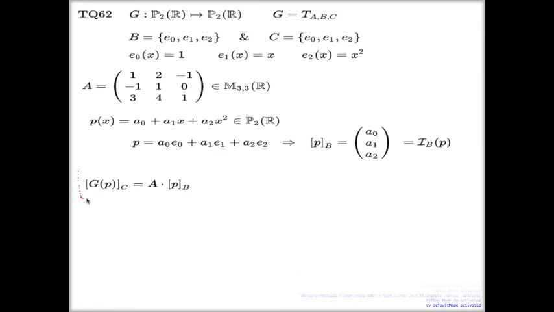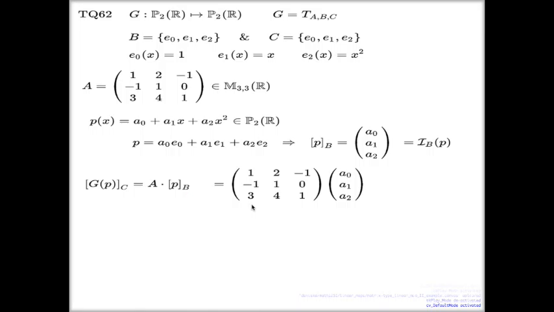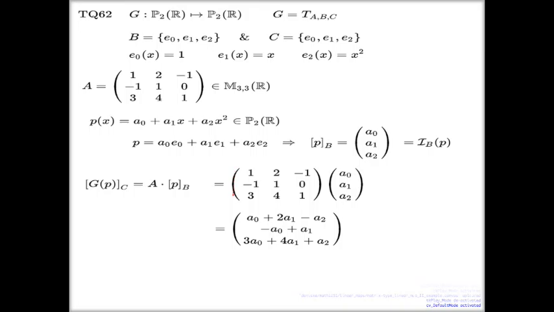So my representation of G of P with respect to the C basis must be a matrix product of A and this vector. It must be this. When I compute this product, this is simple matrix multiplication with the column vector A0, A1, A2.